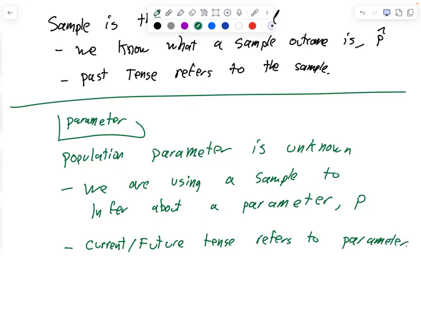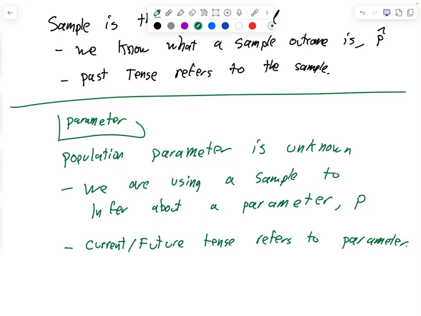So we had this question yesterday. In yesterday's problem, we wanted to know about teens who text and drive. So we collected a sample and we found out in that sample how many students said they texted and drove.